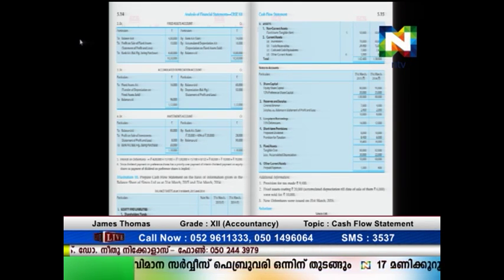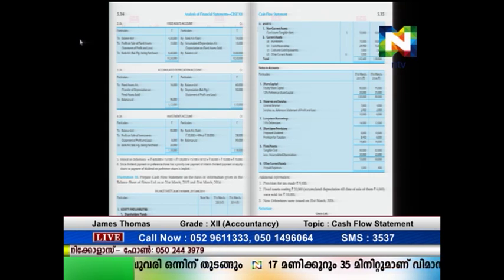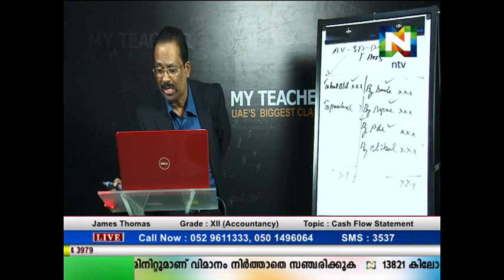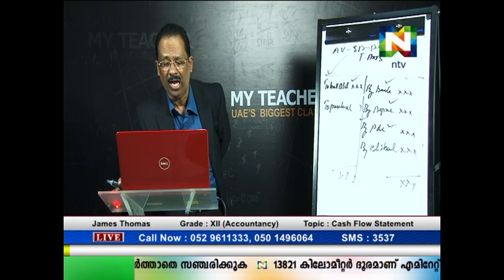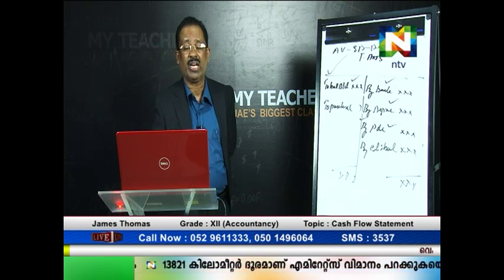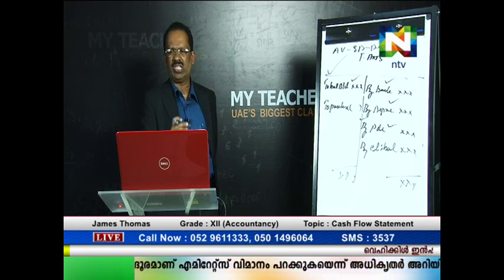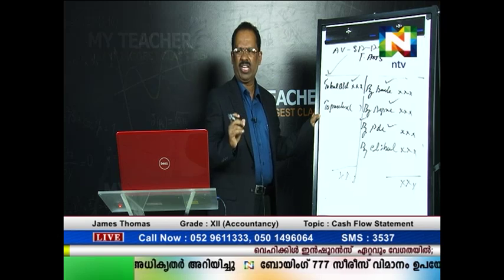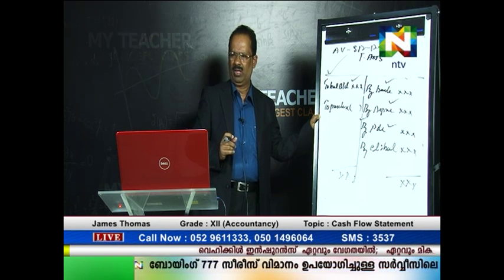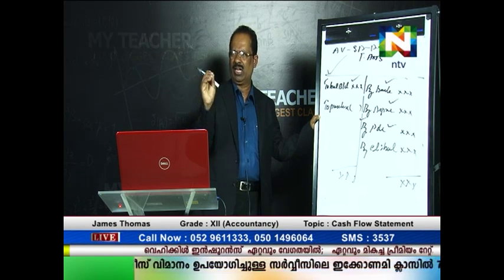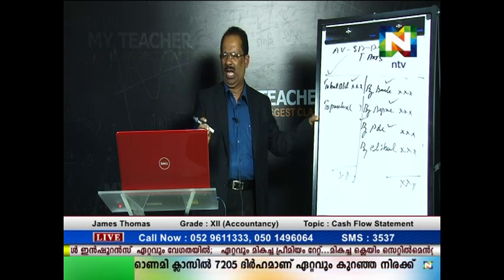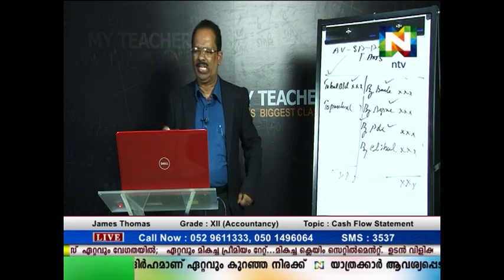Then less non-cash incomes, and we get net profit before changes in working capital. Afterwards, a very important point: we should apply the formula. What is the formula? Add increase in current liabilities and decrease in current assets, and less increase in current assets and decrease in current liabilities. This is a very important formula. It is really confusing for students, and if there is any confusion when applying it, you won't get the correct answer.